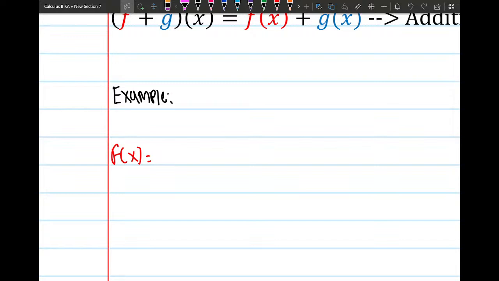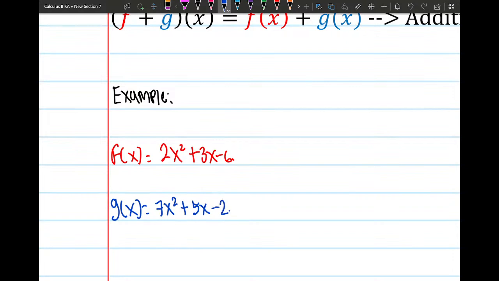Okay. So like I said, f of x is going to be 2x squared plus 3x minus 6. And let's say that g of x is equal to, I don't know, 7x squared plus 5x minus 2.